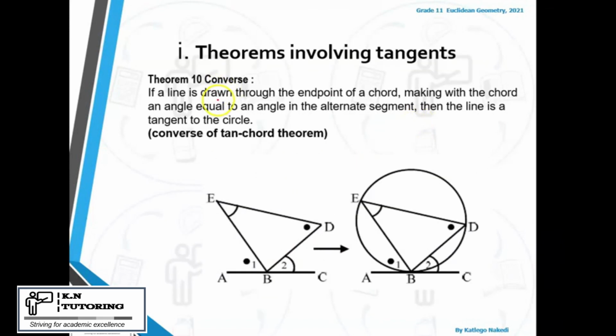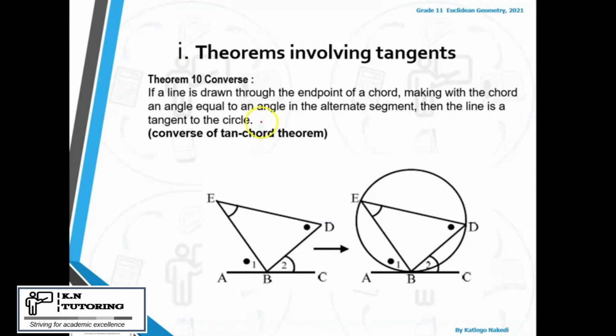Lastly, if we look at the converse of that theorem, which is the reverse, it says if a line is drawn through the endpoint of a chord, making with the chord an angle equal to an angle in the alternate segment, then the line is a tangent to the circle.